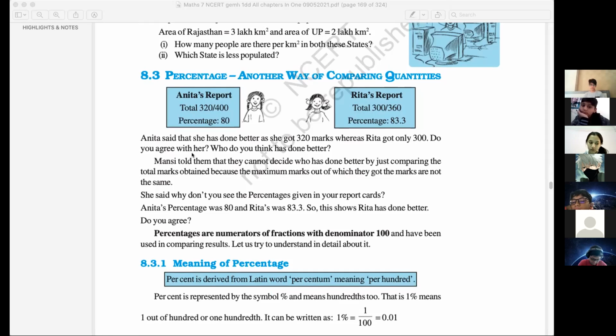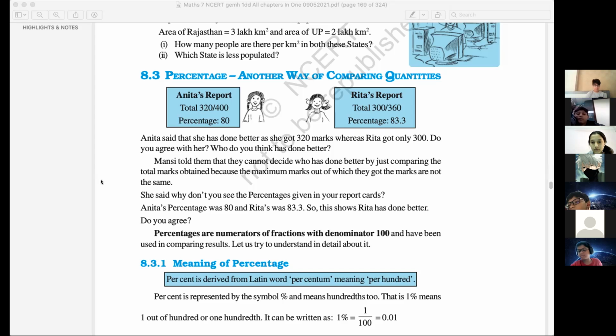When you want to compare who has done better in class, you will find out the percentage. Cent means 100. So out of 100 how much you have got, that is percentage. Then you can compare and say who has done better.